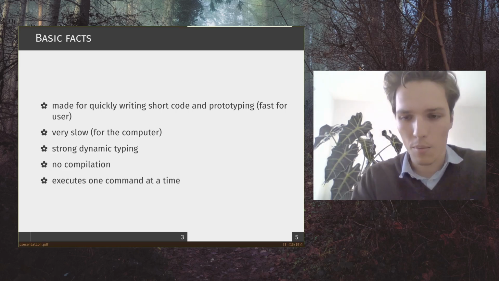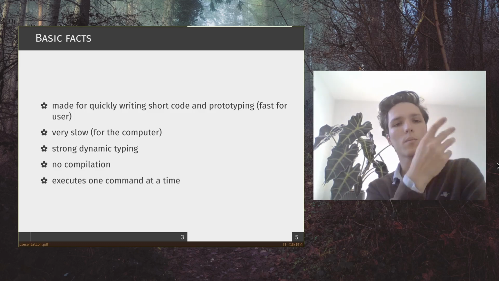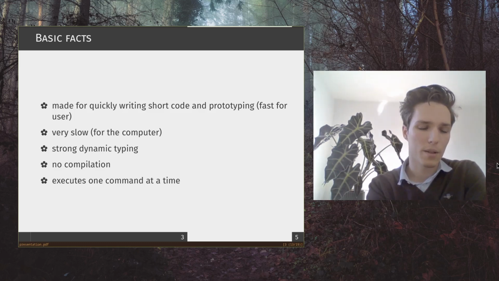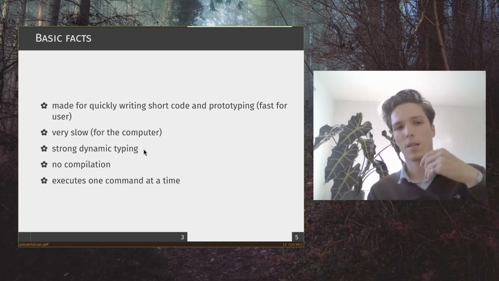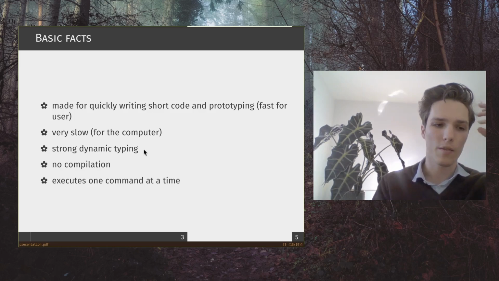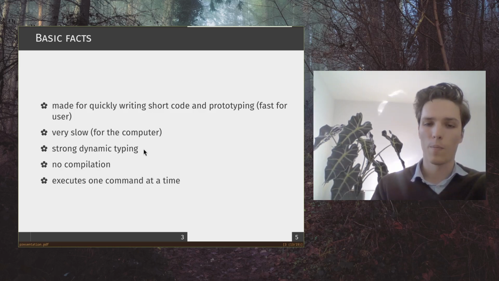So these are some more technical details. Strong dynamic typing. That basically means that every single variable can have any type. Now this might sound a bit esoteric, but what this basically means is that you don't need to ever assign a type to a variable.